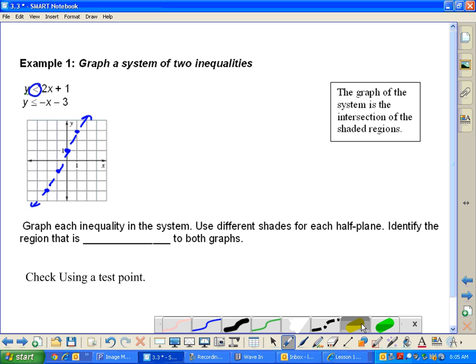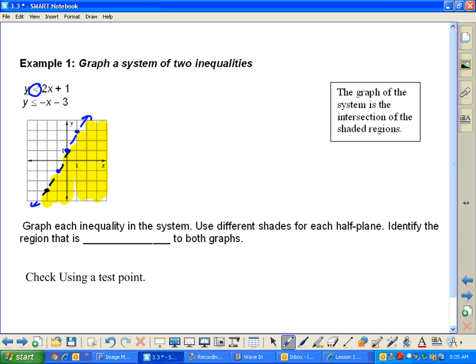That's what that symbol means in words. So if I'm thinking about values that are less than this line, I'm going to look at the y-axis and identify the part that is less than that line. The y values less than that line are below the blue dashed line, so I shade below.